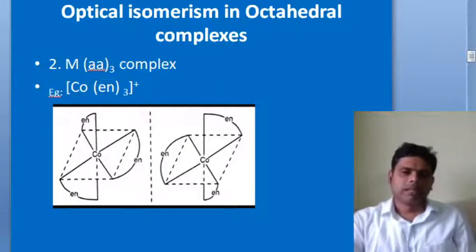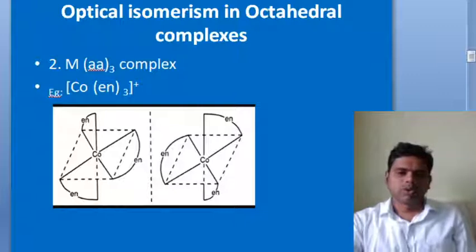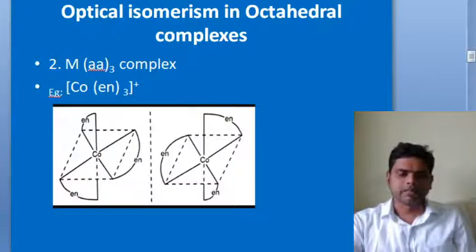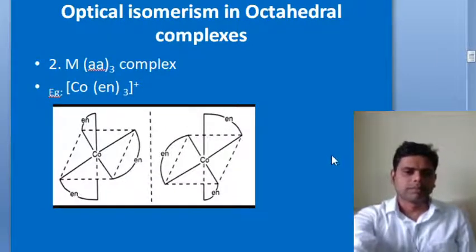Then comes another type of complex, the M(AA)3 complex, with the same type of bidentate ligand, ethylenediamine. We can choose cobalt plus 3.